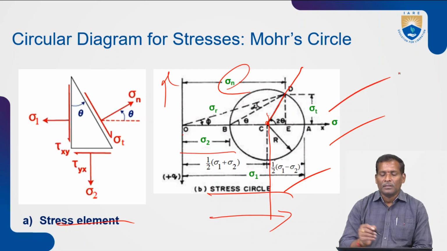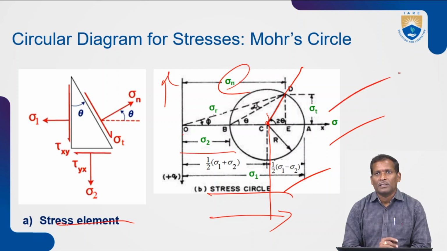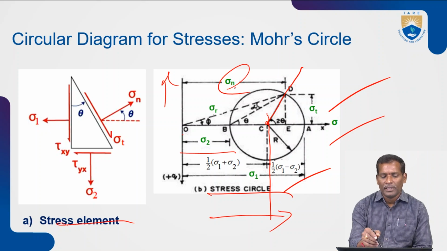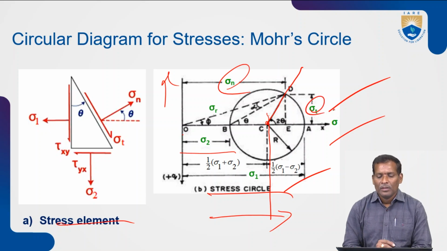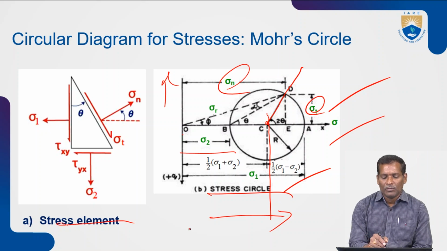And then the ordinate is sigma T, the axis is sigma N. So now in the stress circle you have calculated the OE distance. OE is equal to OC plus CE.